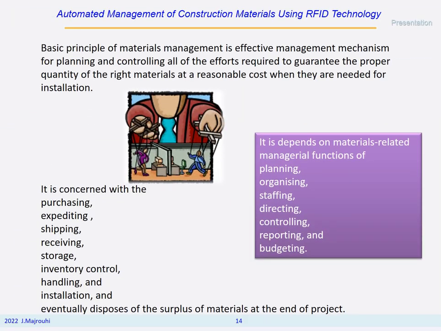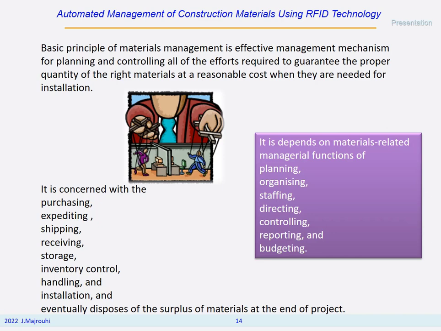The basic principle of materials management is an effective management mechanism for planning and controlling all of the efforts required to guarantee the proper quantity of the right materials at a reasonable cost when they are needed for installation.